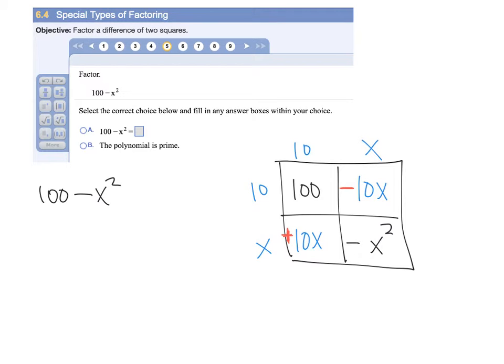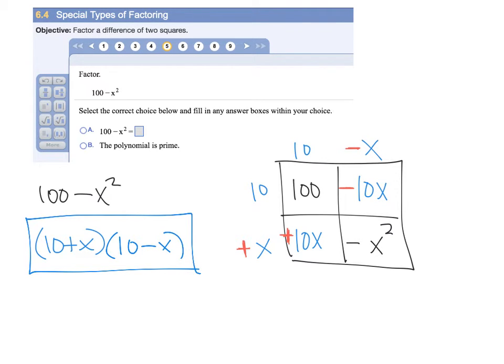That's how they cancel each other out, which makes this a negative x, makes this a positive x. And so what are our factors? Our factors are 10 plus x, that's this, and then we have 10 minus x. And those are our factors.